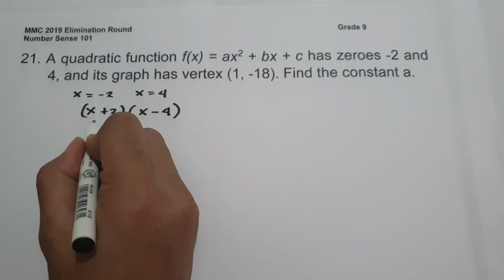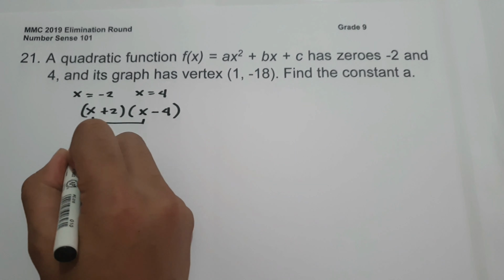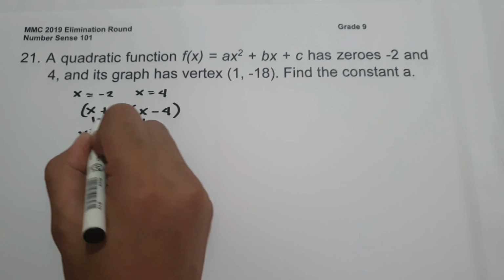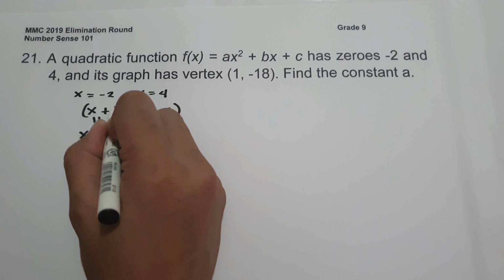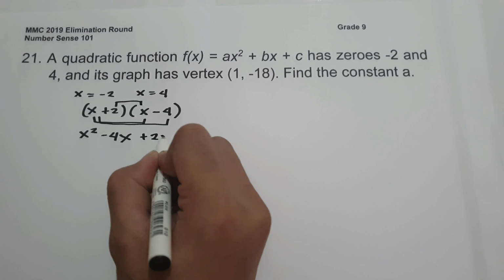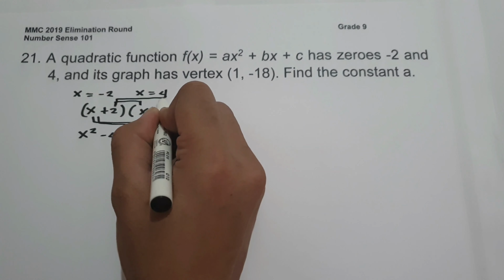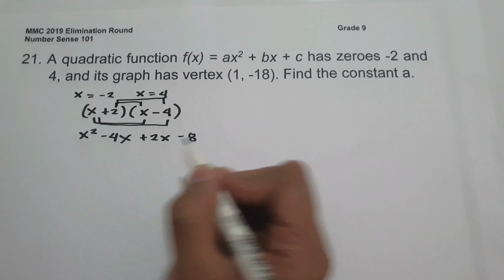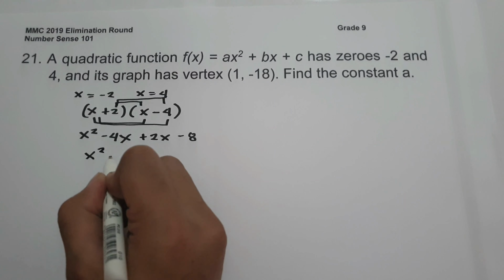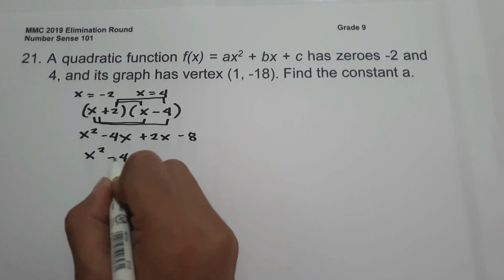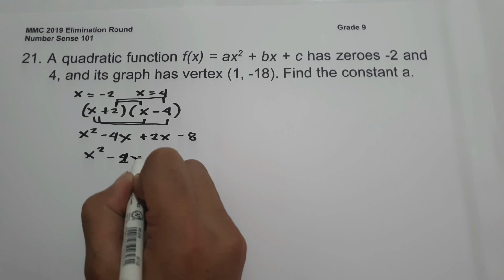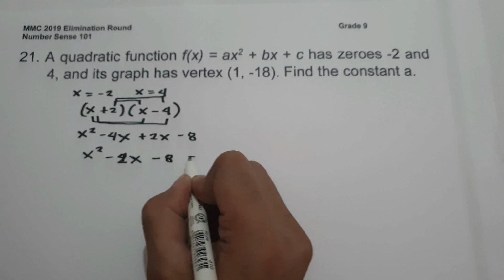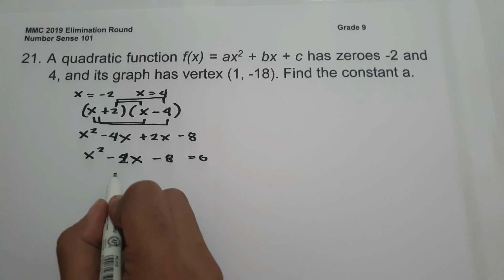If you multiply these, we have x times x, that is x squared, and then x multiplied by negative 4, that is negative 4x, and then 2 times x, that is 2x, and then 2 multiplied by negative 4, that is negative 8. To simplify, negative 4x plus 2x is negative 2x, minus 8 equals 0. So this is written in the form of ax squared plus bx plus c.